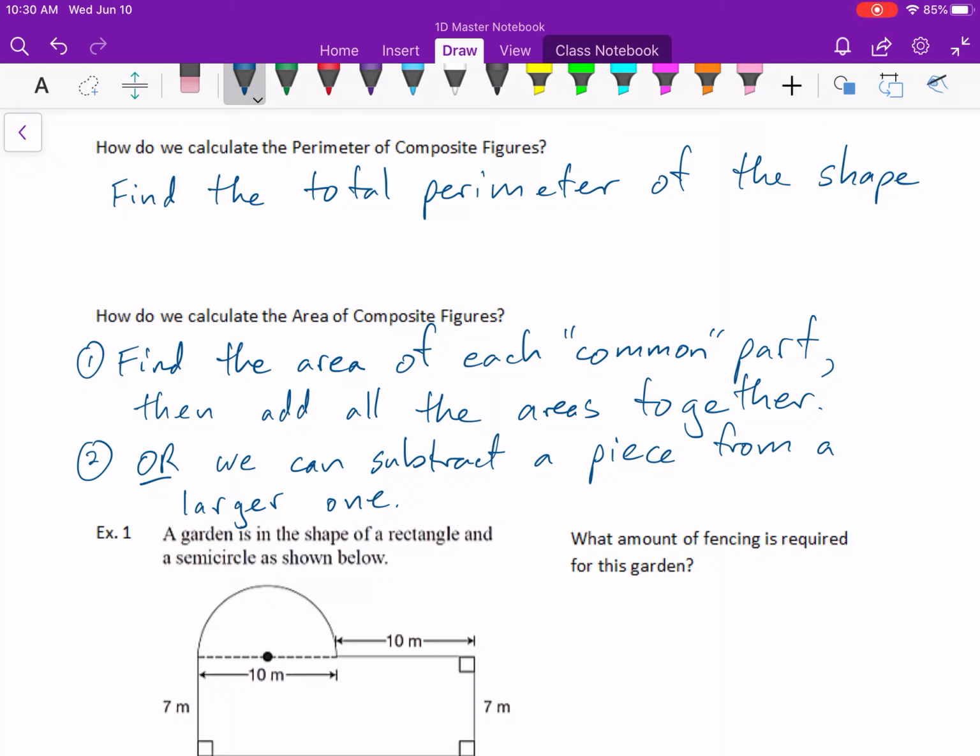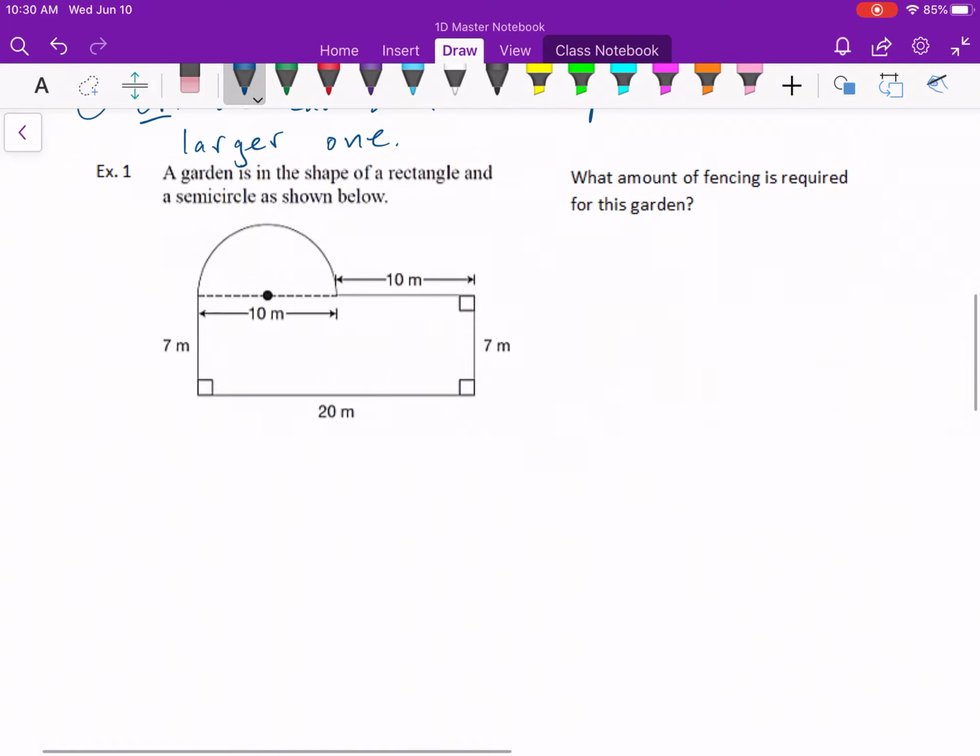When you look at a picture, it should be hopefully obvious which one we're going to use. If something's just made up of a bunch of parts you can add together, we add them up. If something looks more like a big shape where something's been taken out of it, and we know we can find the area that has been taken out, then we should subtract. So let's take a look at some examples.